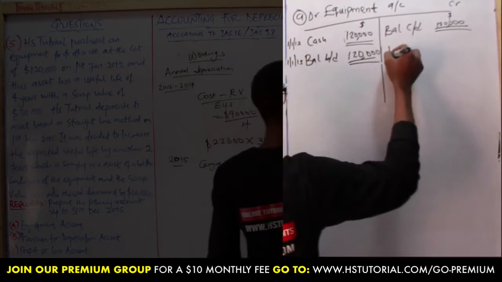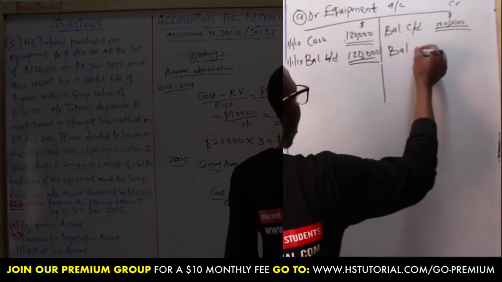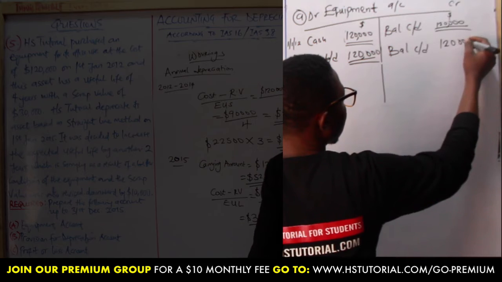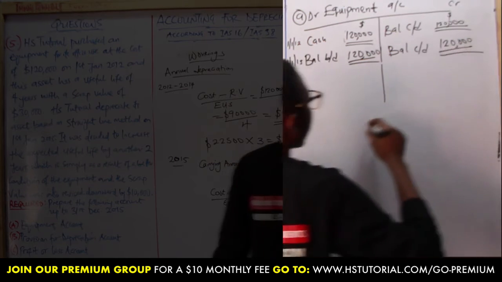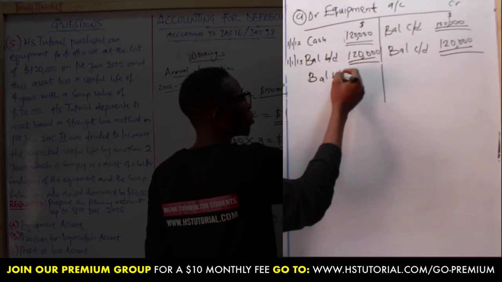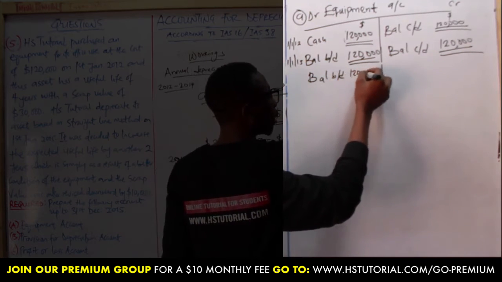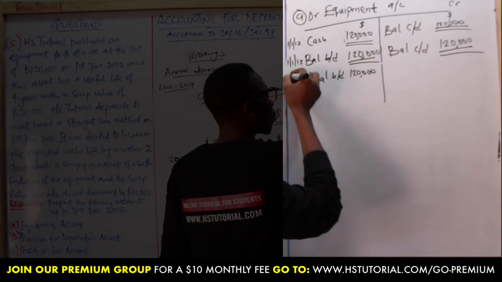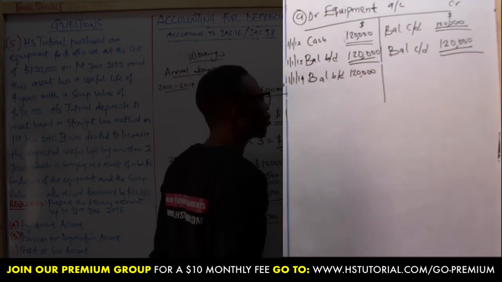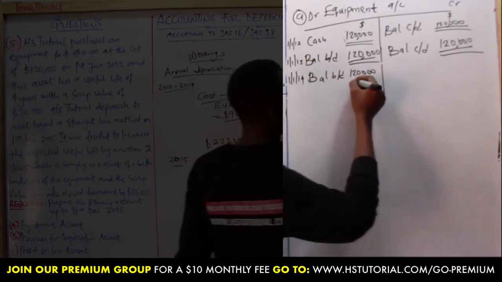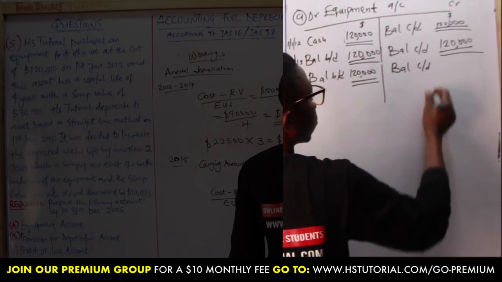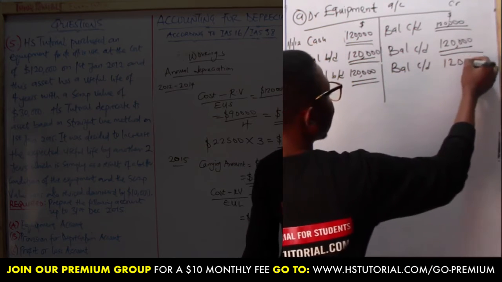Then balance carried down, 120,000 dollars. Balance it as well. Then bring it down again, balance brought down, 120,000 dollars, 1/1/2014. Then you balance it as well. Balance carried down, this will be 120,000.